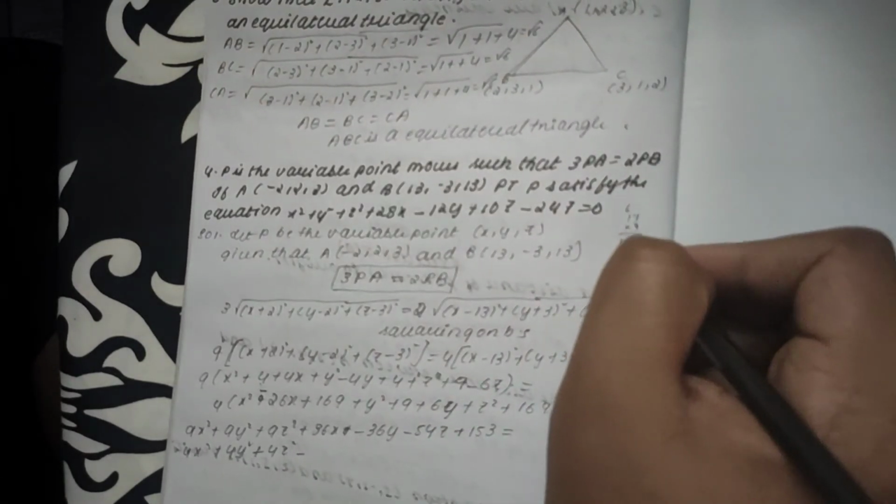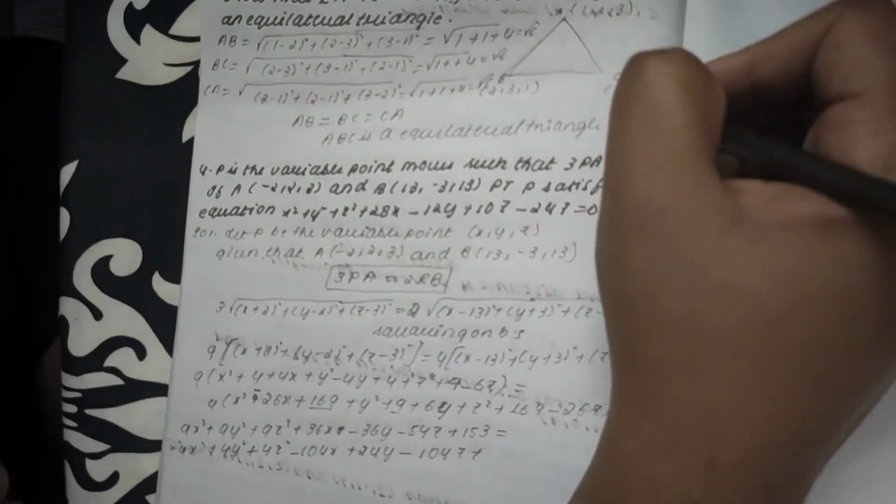And multiplying 4 inside the bracket, you will be getting 4x square plus 4y square plus 4z square minus 104x plus 24y minus 104z plus 169 plus 9 plus 169, which is 347.